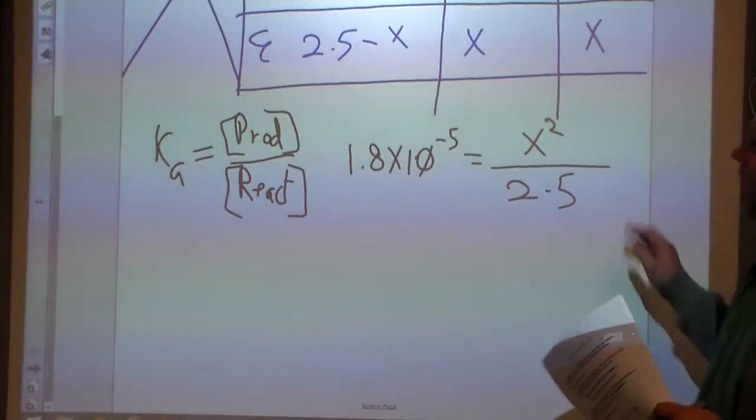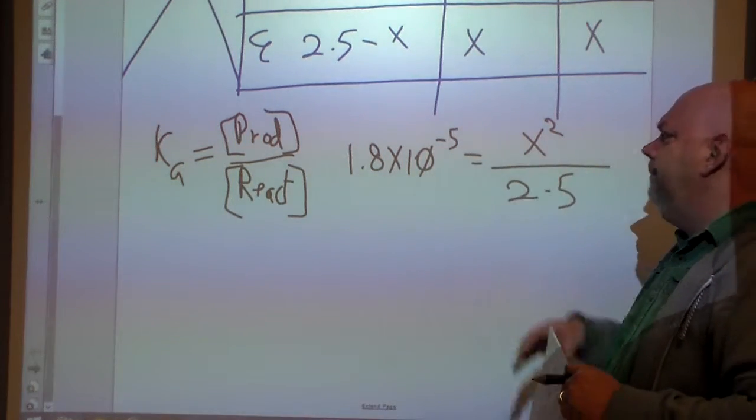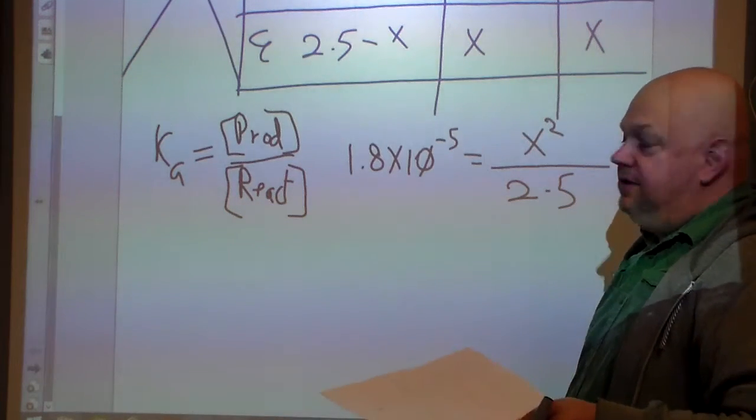This is our constant. Now we just have to solve for x.